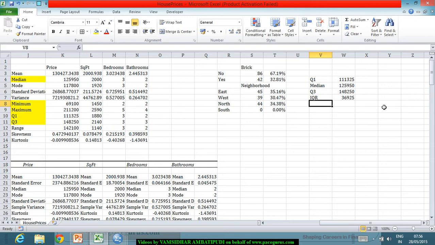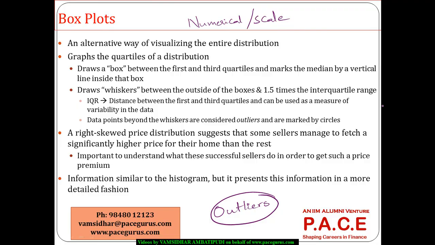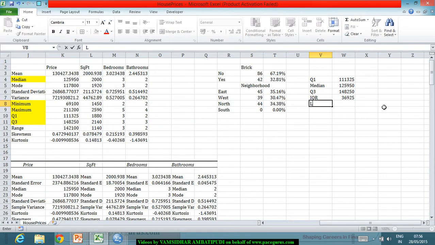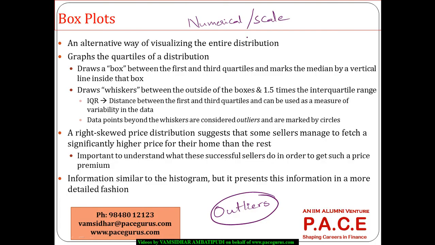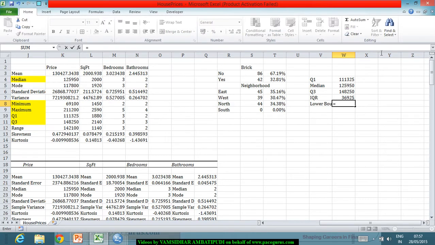And based on this interquartile range, I'll plot the lower bound here. The lower bound for me is Q1 minus 1.5 times the interquartile range, whereas the upper bound is Q3 plus 1.5 times the interquartile range.